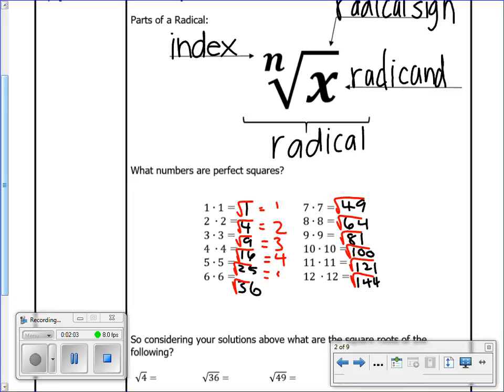The square root of 25 is 5. The square root of 36 is 6. The square root of 49 is 7. The square root of 64 is 8. The square root of 81 is 9. The square root of 100 is 10. The square root of 121 is 11. And the square root of 144 is 12. Now there are more of these, 13 times 13, 14 times 14, and so on.